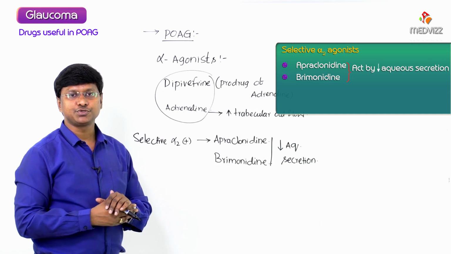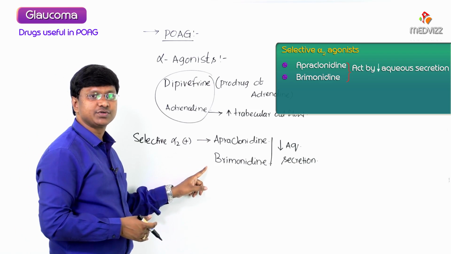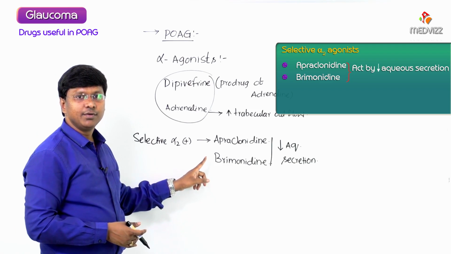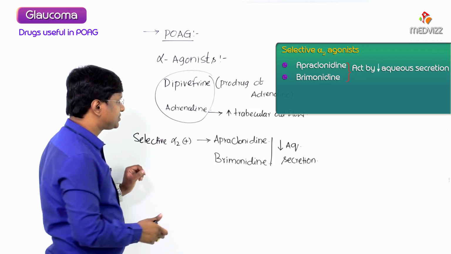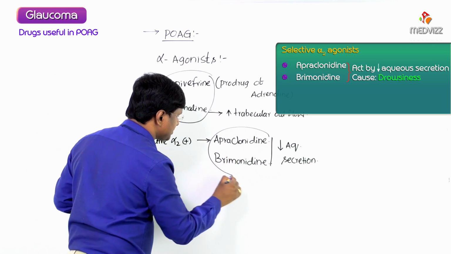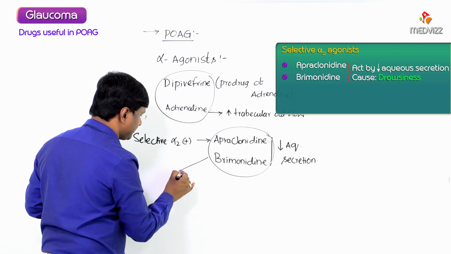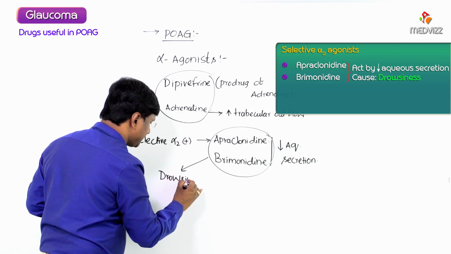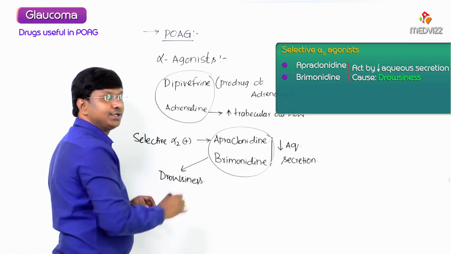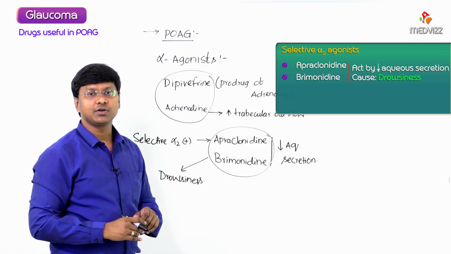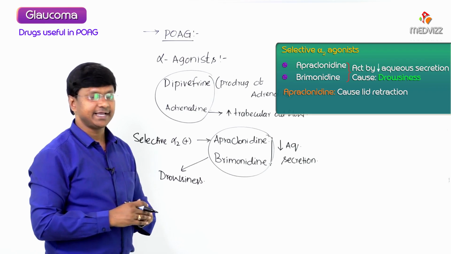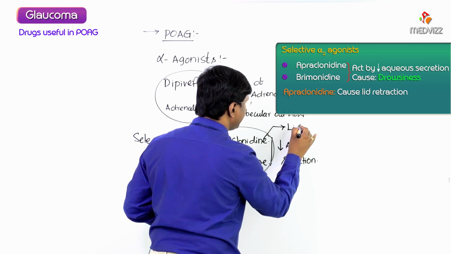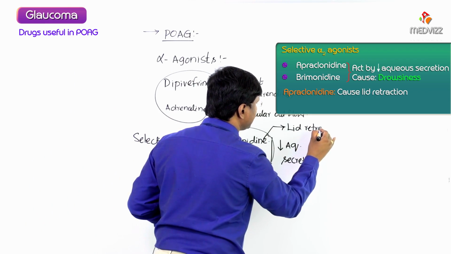But the point you should remember is, both of these drugs, apraclonidine and brimonidine, will cause drowsiness. Apart from that, apraclonidine can cause lid retraction. These are the adverse effects.